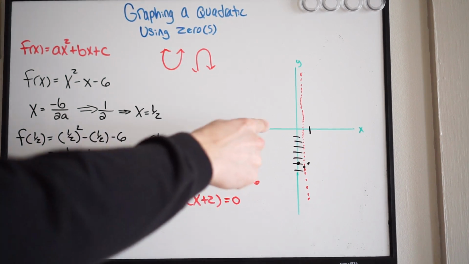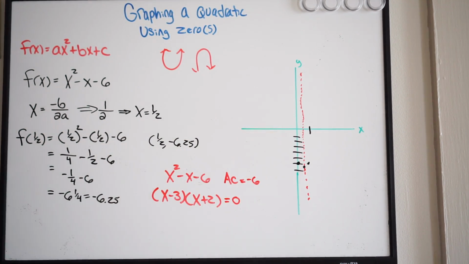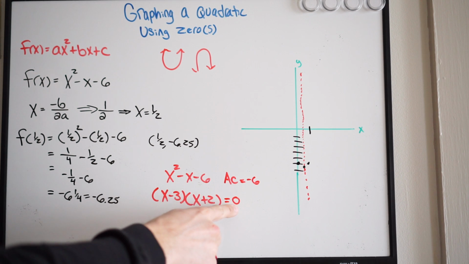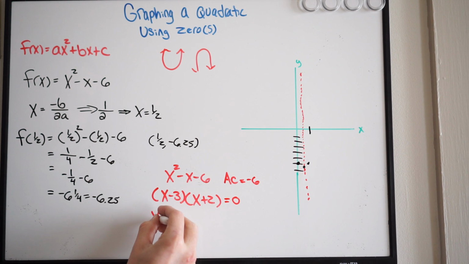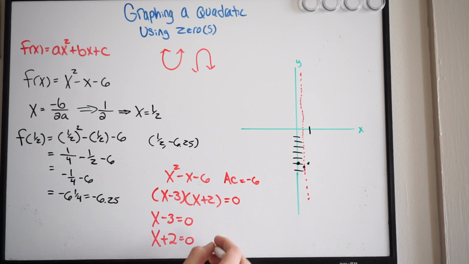When this function crosses the x-axis, the y value will always be 0, hence why we put a 0 here. And now we're just going to solve each factor separately. So we have x minus 3 equal to 0, and we have x plus 2 equal to 0. Well, when we do this simple operation, x will be 3, and x will be negative 2.